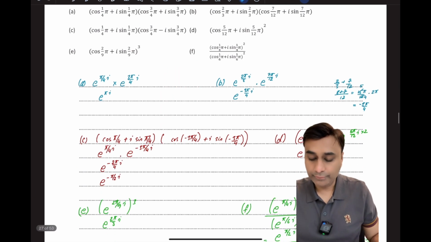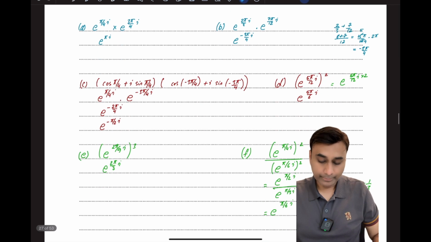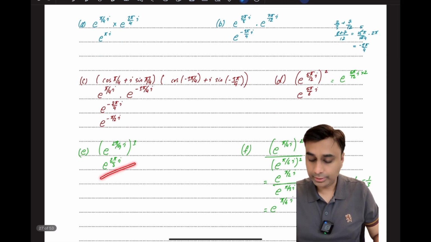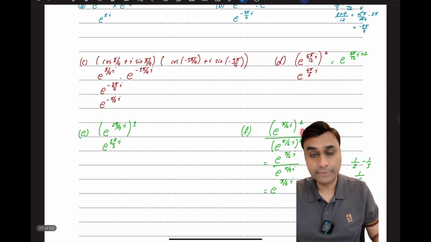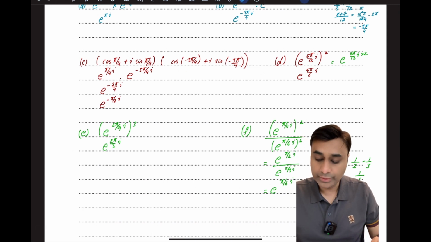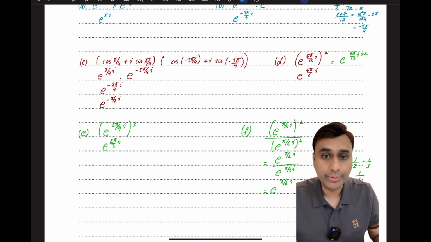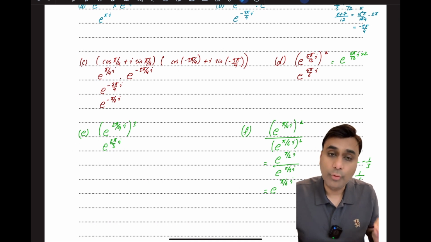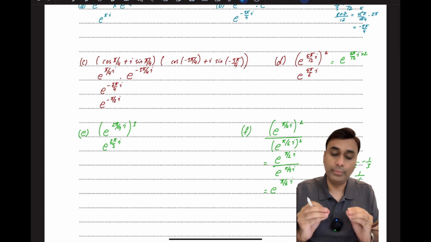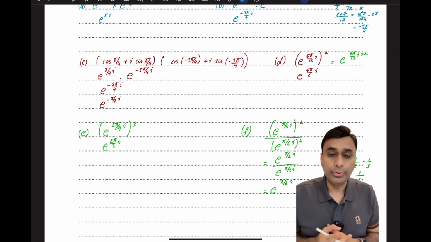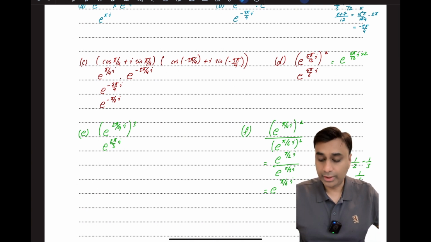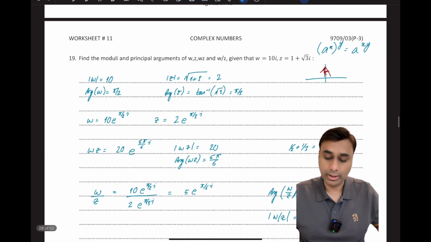You can also find the square of it, or power 3 of it, or you can divide the squares of the two complex numbers. You can do all of these simplifications by simply rewriting them into the exponential form and then performing the steps of multiplication and division that you would do with indices, and you can simplify any set of complex numbers that way.